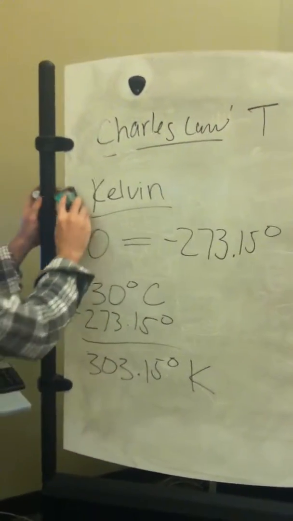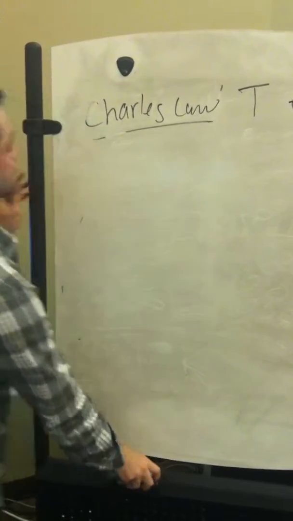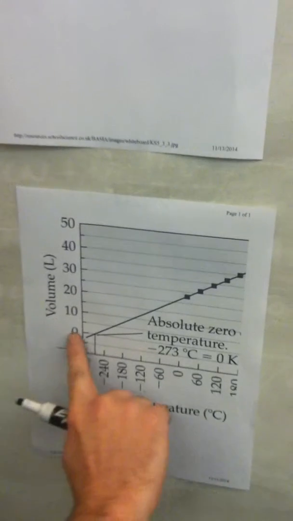So let's look at a graph using Charles' Law. As you can see, this is basically a straight line. The volume goes up to about, let's say, 7 there.